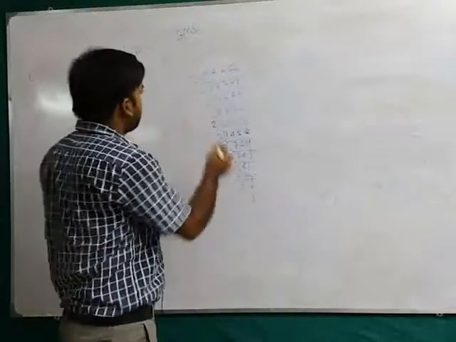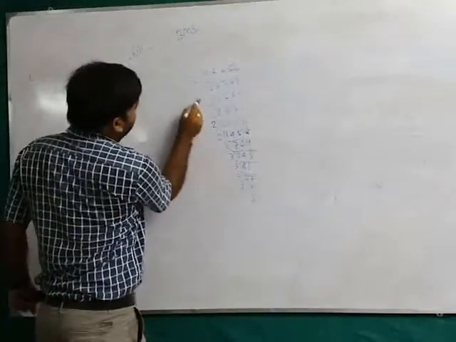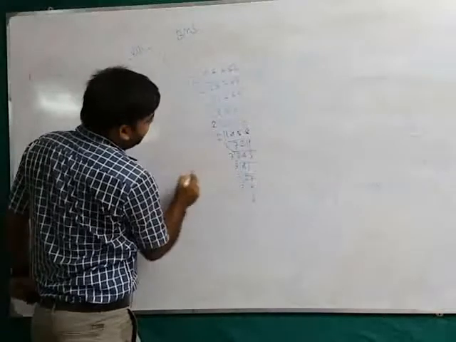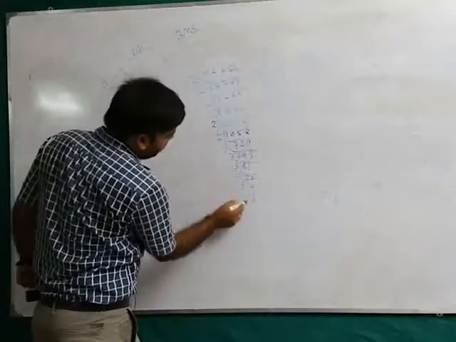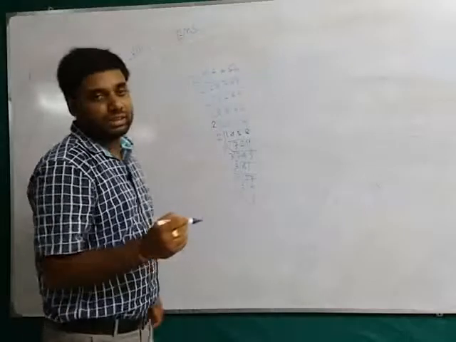So the factors form the first triplet, second triplet, third triplet and fourth triplet. All the factors are in triplet form.